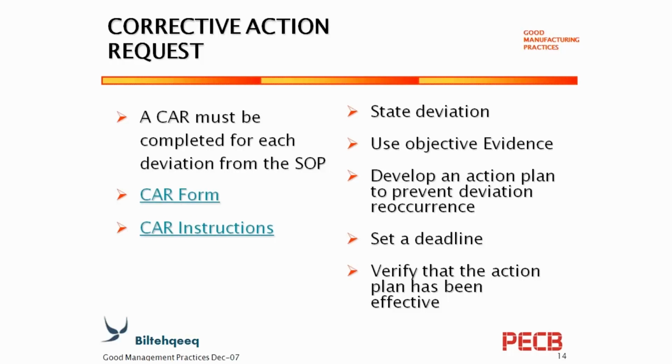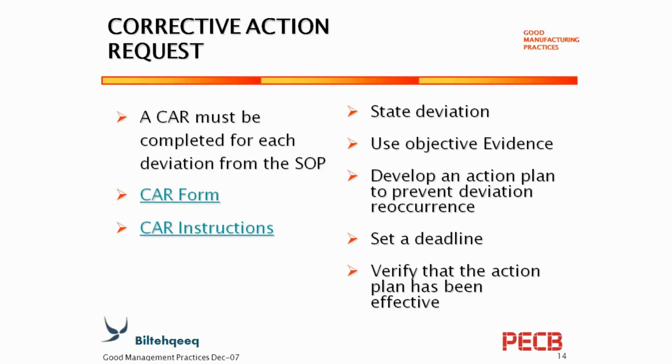What happened, when it happened, where it happened, and you have to note all this information in this corrective action form. And to fill out this form, you have to develop corrective action instructions, which will guide you on how the form will be filled.